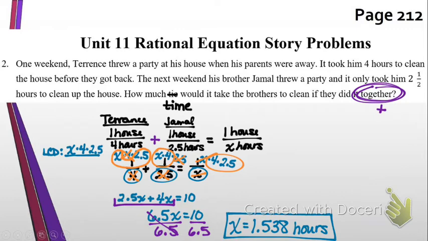Good question. So, you know how it took Jamal 2.5 hours to clean up? How would we write that if it took him 2 1/3 hours? Ooh, good question. You would have to write it as an improper fraction first, and then we would have to multiply by the reciprocal. Ms. Bolt?